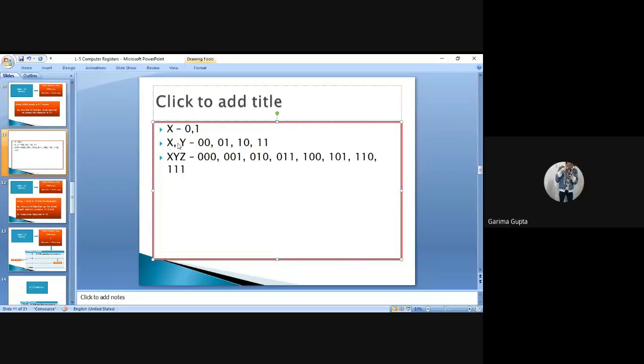Yes, ma'am. And so on, so forth. For four Boolean variables, how many unique Boolean combinations will I have? 16.